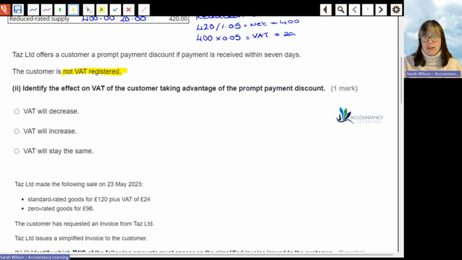They can't be claiming it back from HMRC because they're not VAT registered. So the VAT is going to be a cost to their business. So when a prompt payment discount is taken, it means it's going to reduce the overall bill and therefore affect the net and the VAT amounts as well. So because we're reducing the net amount and the VAT amount, it means the VAT is going to decrease.